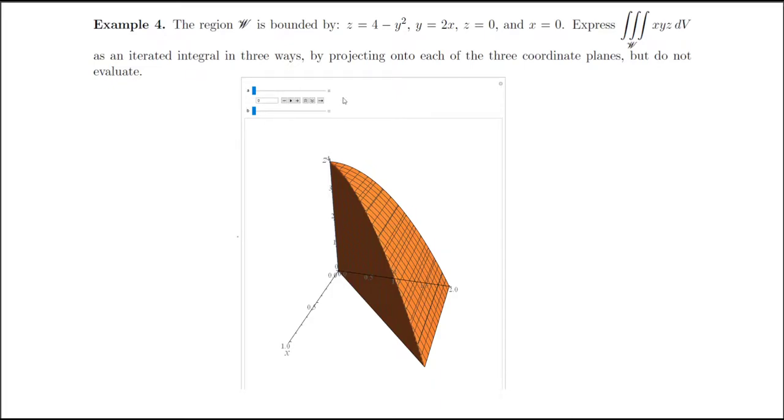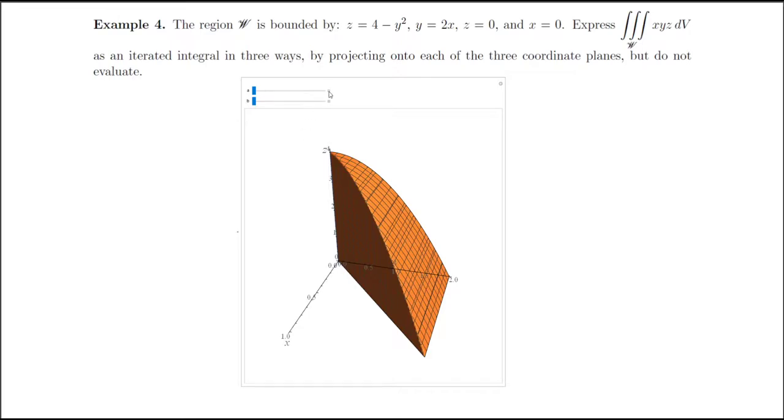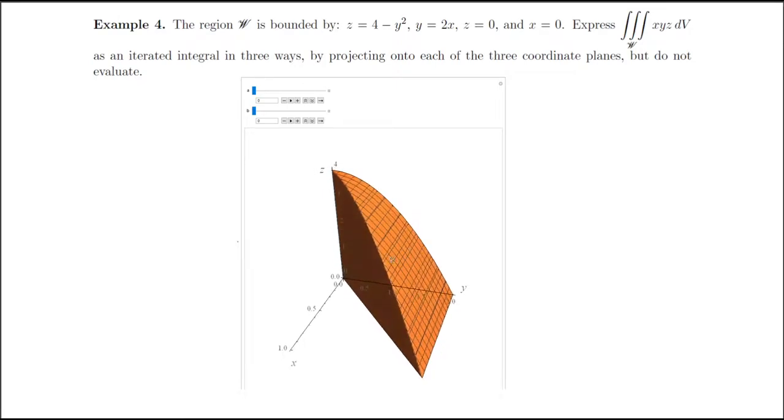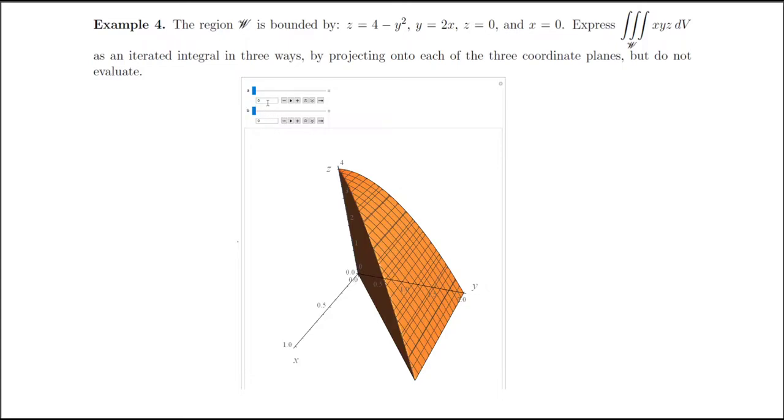We're going to think of a vertical line here. So let's pick a point in the middle here.